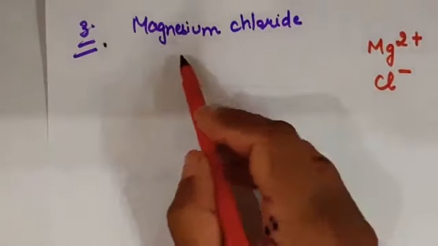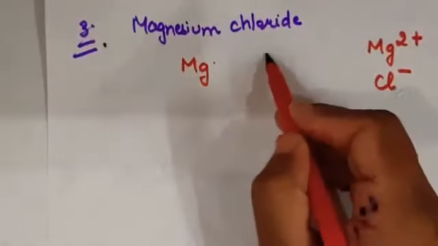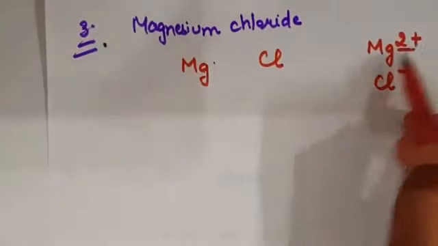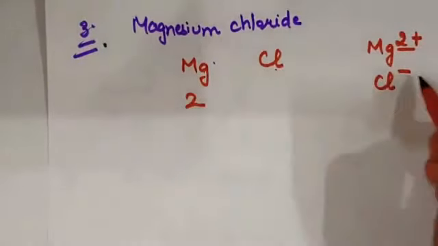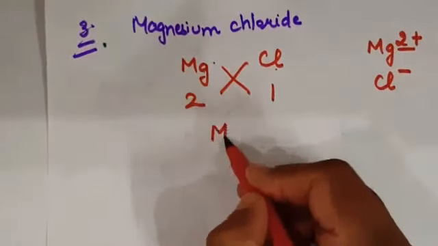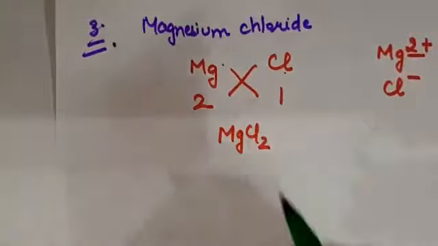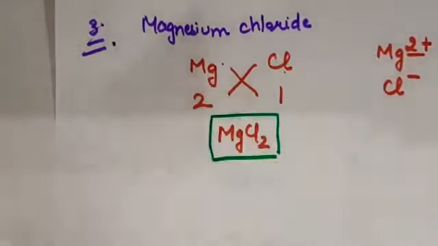So just write the symbol. What is the symbol of magnesium? Mg. Chloride is Cl. Now write the valency. Valency of magnesium is 2 and valency of chloride is 1. Now cross multiply, it will become MgCl2. Okay, so this is the chemical formula of magnesium chloride.